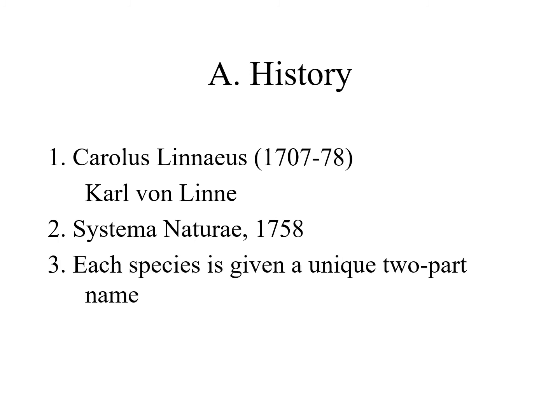Key to the Linnaean system is that each species is given a unique two-part name, or a unique combination of two names. There are very specific rules that a biologist must follow when crafting the name of an organism.